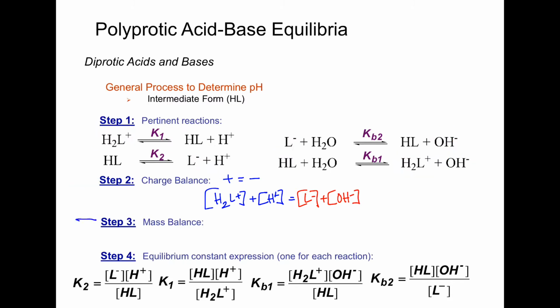And the next step is to do the mass balance. And there's a couple different ways that you can do mass balance. One of the ways that we learned about was setting the initial concentration equal to each one of the parts. And for here, they all have the L in them. So there's a couple different versions of the leucine ion. It's basically not protonated, protonated with 1 hydrogen, protonated with 2 hydrogens. And so out here, I'm just going to say all versions of L-containing compounds.